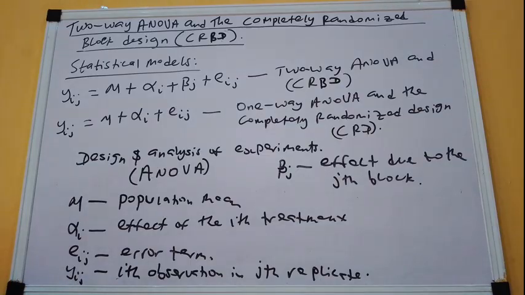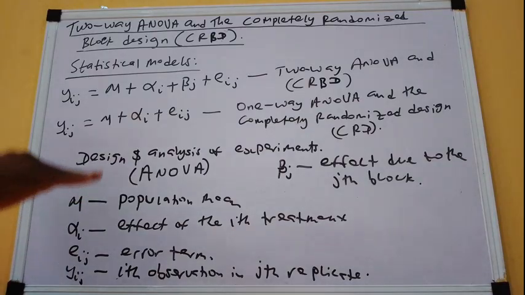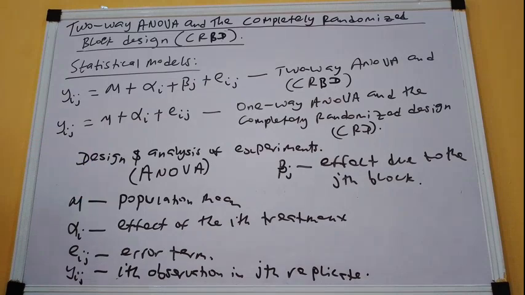Each block will definitely contain the complete set of treatments. Therefore, the differences among blocks are not due to the treatment. So each block will now contain all the treatments.